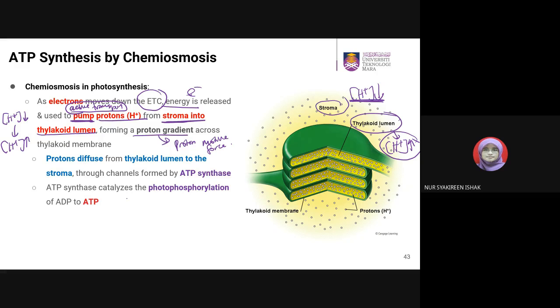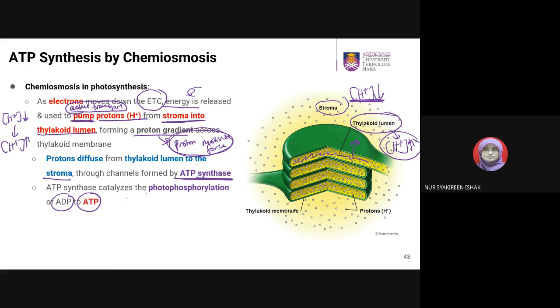So this proton motive force, okay, will cause hydrogen ion to diffuse from the lumen into the stroma. Sebab apa? Concentration of hydrogen ion dalam lumen dah tinggi. Awak tengok kat sini kan, dah tinggi. So when there is a high concentration of hydrogen ion in the lumen, so they can diffuse back into the stroma. Okay, so this is due to the proton motive force that causes ATP synthase to synthesize ATP from ADP.